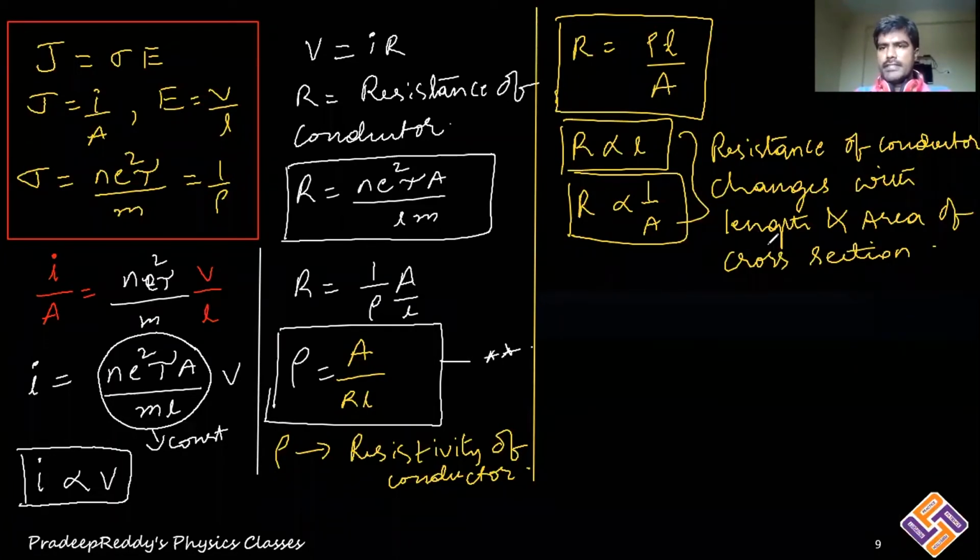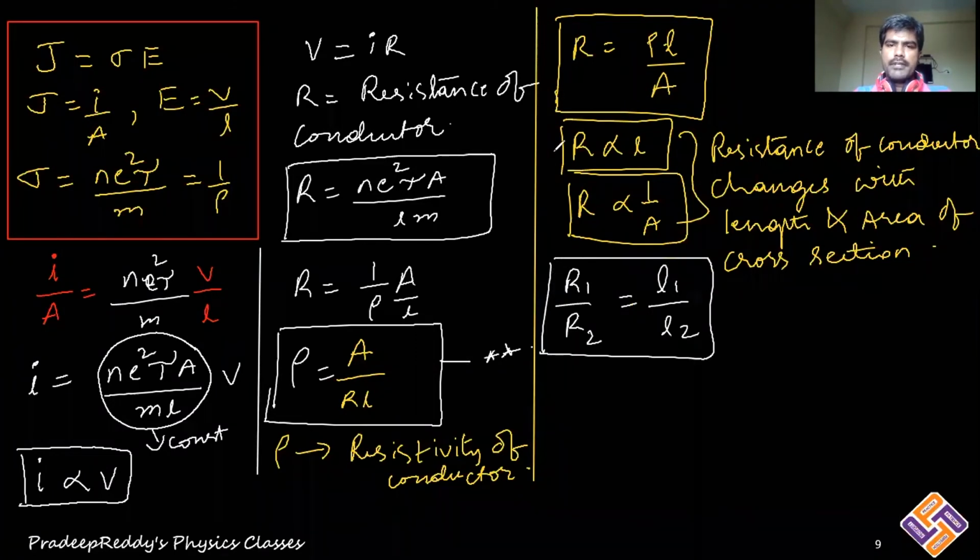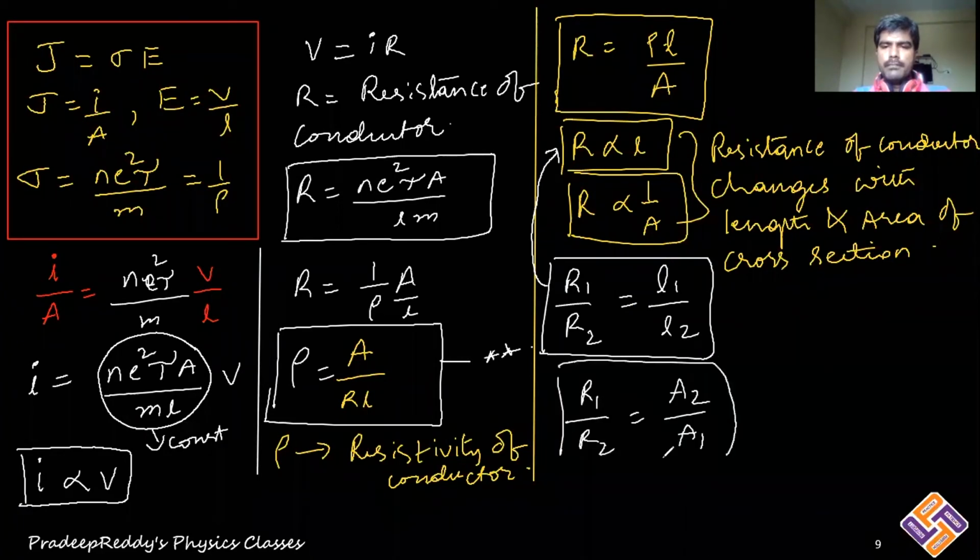Temperature dependence of resistance and resistivity we will discuss in the next video. Now from this you can simply write R1 by R2 is equal to L1 by L2. This is carried from this expression. Similarly, R1 by R2 is equal to A2 by A1. This is carried from this expression.